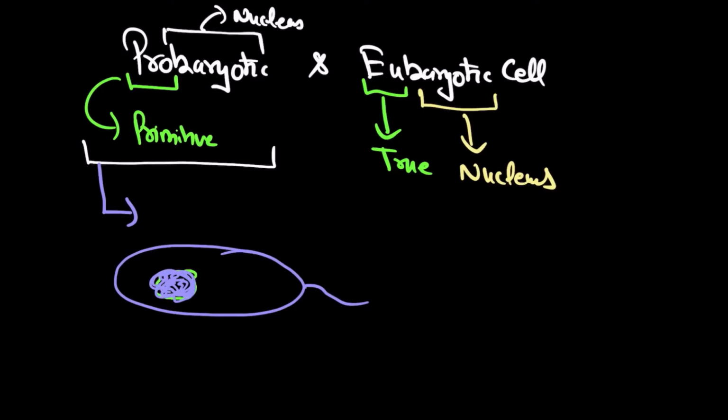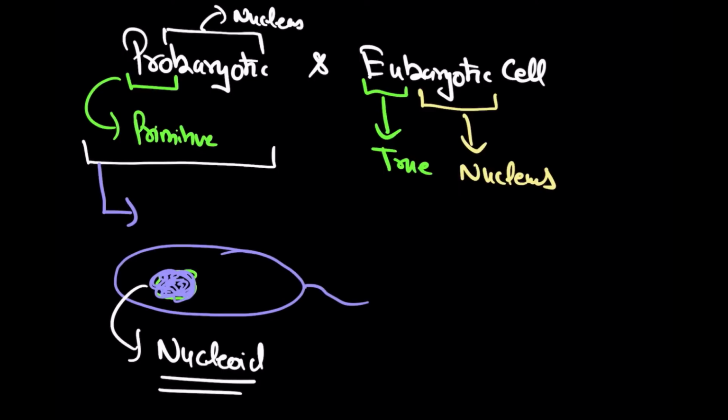So here you are going to see primitive type nucleus. Remember, in the case of prokaryotic cell, the nucleus is actually absent. This region is known as nucleoid. Keep in mind, in the case of prokaryotic cell, nucleus is absent.